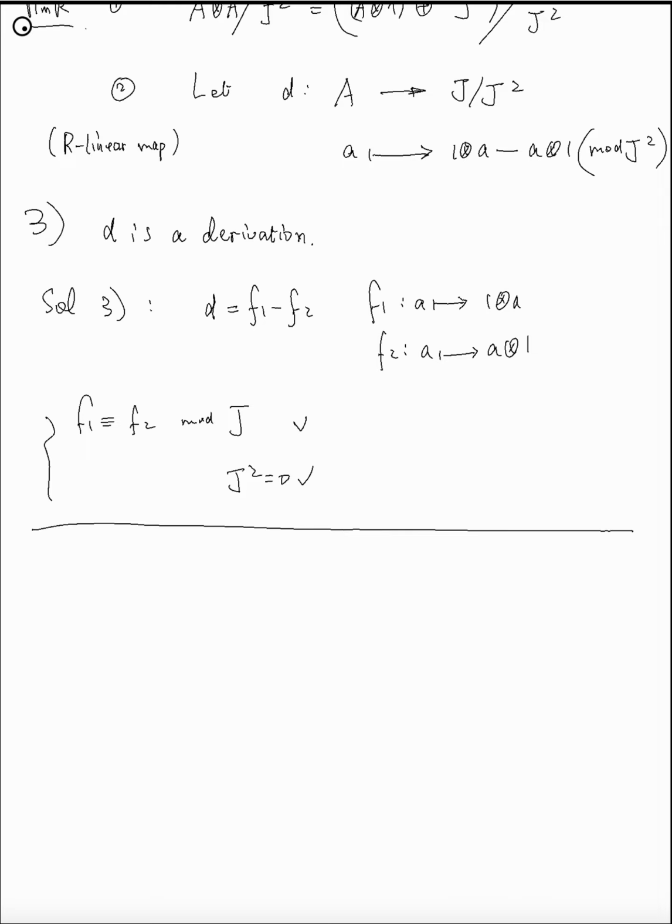Now let's go back to exercise 2.2. Show that this J is generated by those elements. So suppose we have an element in this ring that is in its ideal J. Then by definition, what is J? J is the kernel, right?